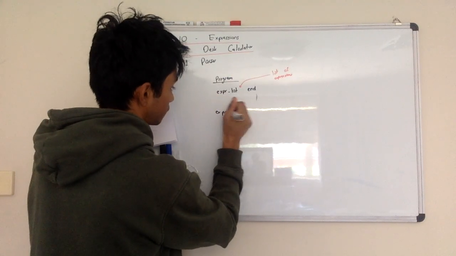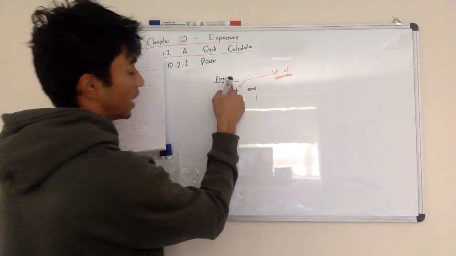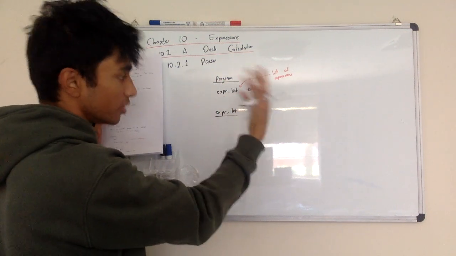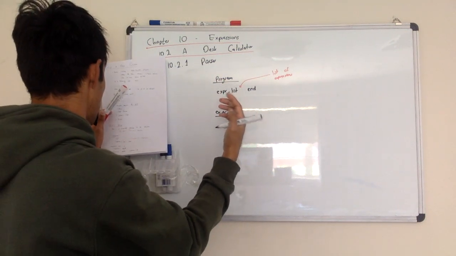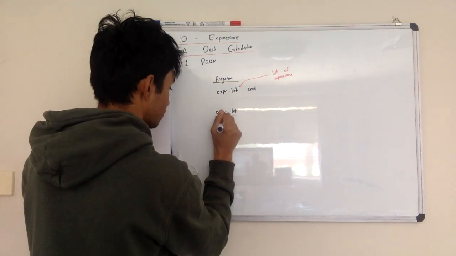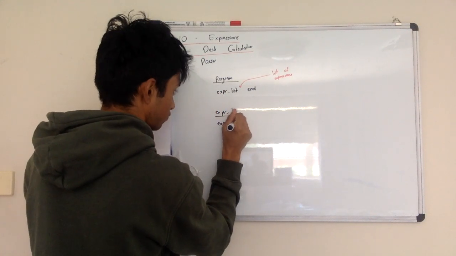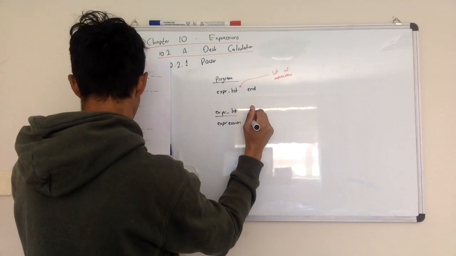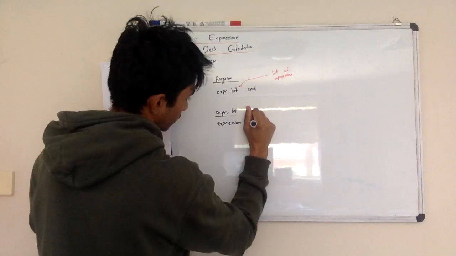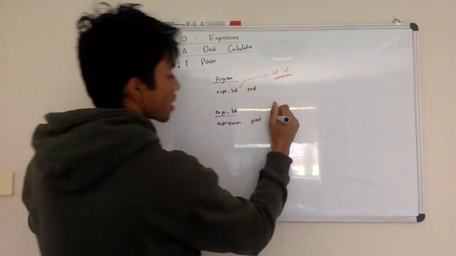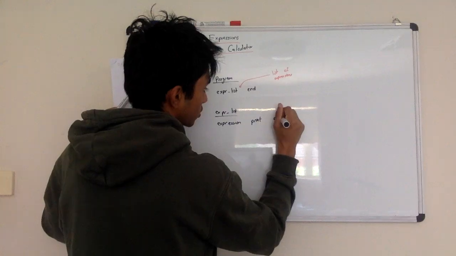So if the program is a bunch of expressions, an expression list, followed by the end, then an expression list is an expression followed by a print. A print doesn't mean print means something specific, and then another expression list.